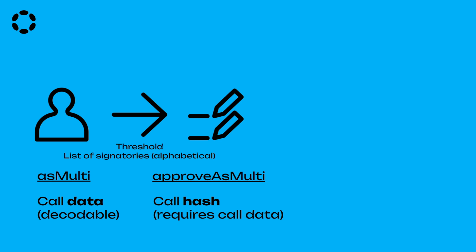While either can be used to initiate a multisig transaction, the best practice is to use asMulti because the desired transaction will be broadcasted on-chain. If a signatory uses approve asMulti to initiate a multisig transaction, they will need to communicate the call data to the other signatories so the transaction hash can be verified to be associated with the desired transaction.